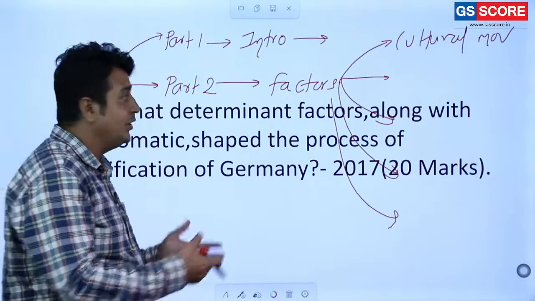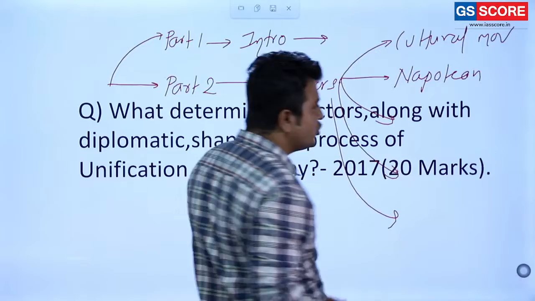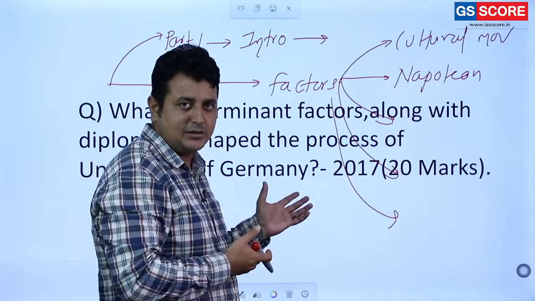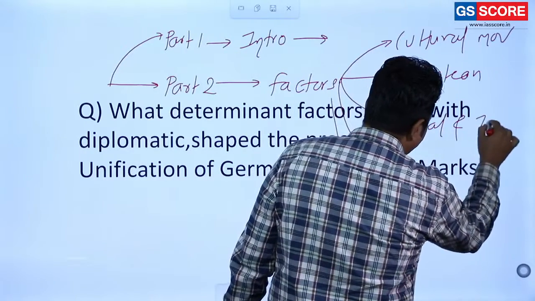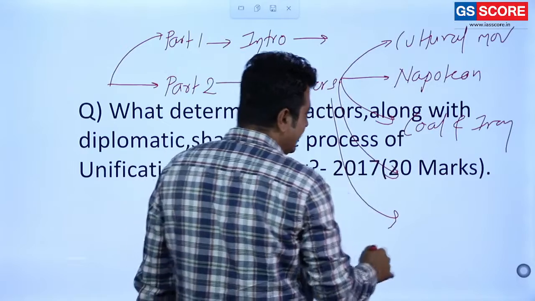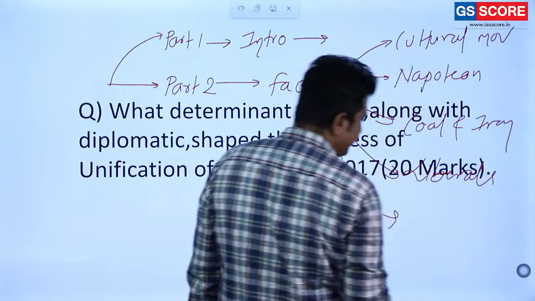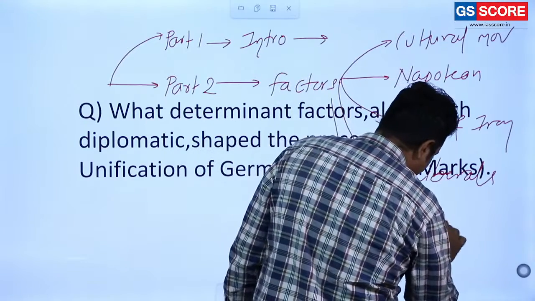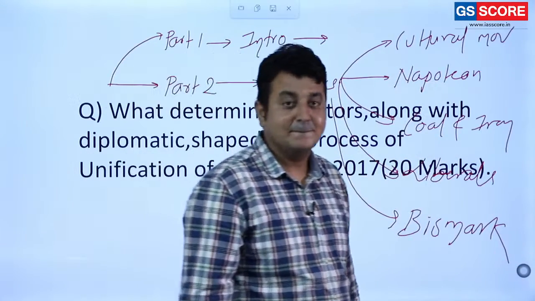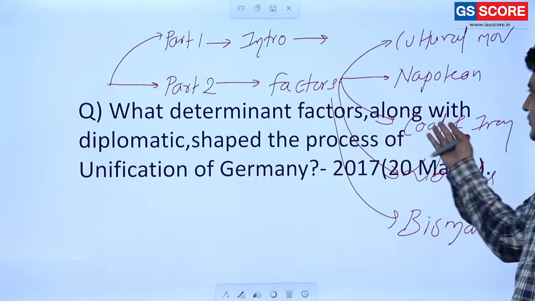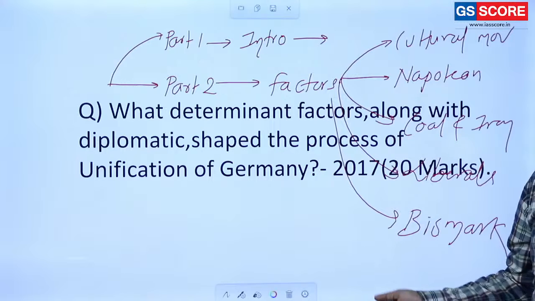You can write about the contribution of Napoleon in short. Then you can write the contribution of the forces of coal and iron in detail. Then you are going to talk about the liberals. Then you can talk about Bismarck. Simple, no? We already discussed the factors and you are going to explain them. That's it.